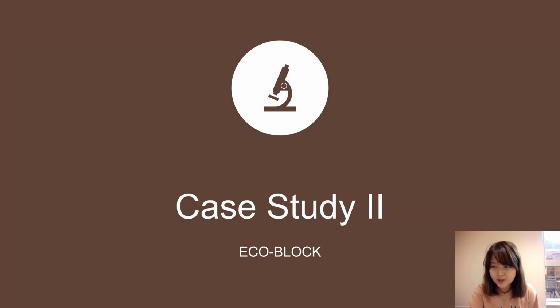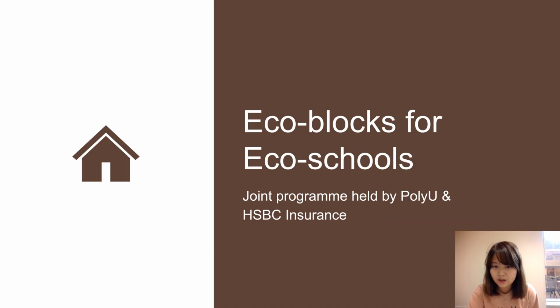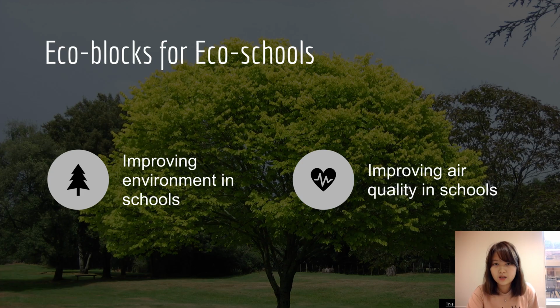In case study 2, we're going to talk about the eco-block. There is a joint program held by PolyU and HSBC Insurance, which is called Eco-Block for Eco Schools. This scheme is to improve the environment in schools as well as the air quality.